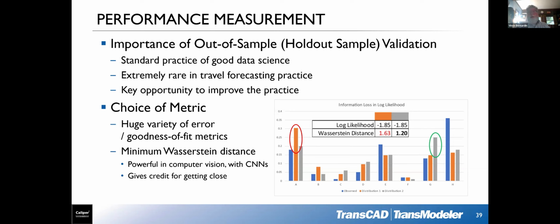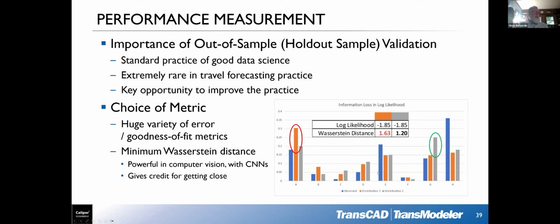Log likelihood is obviously the proper way for measuring true categorical classification problems, like favorite fruit, right? Where you're comparing apples and oranges. But where you're comparing destinations, which exist in space and are related spatially, log likelihood really isn't the proper measure.